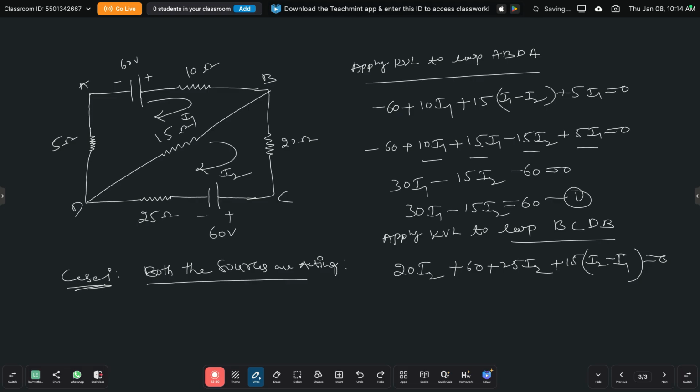Just simplify this equation, then we get 20 I2 plus 60 plus 25 I2 plus 15 I2 minus 15 I1 equals 0.